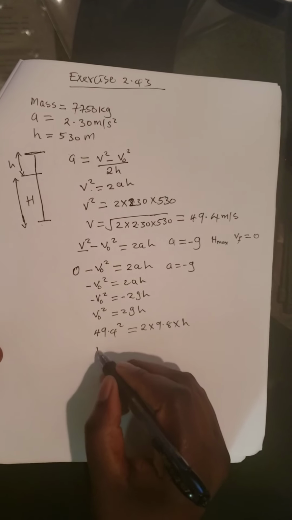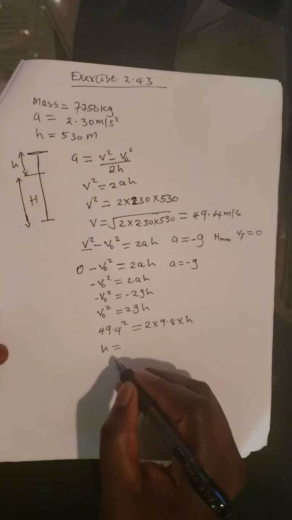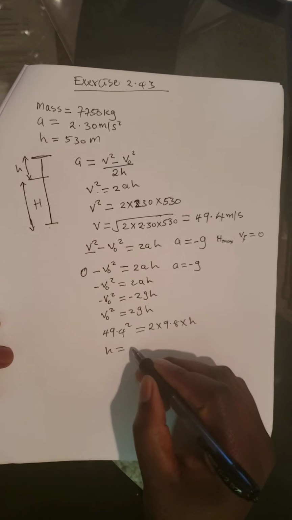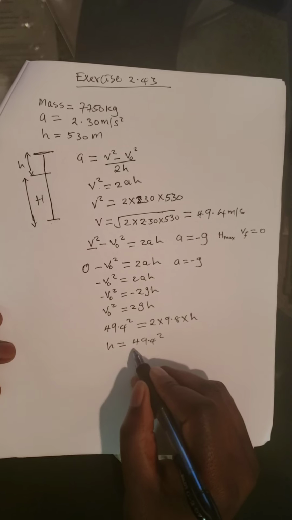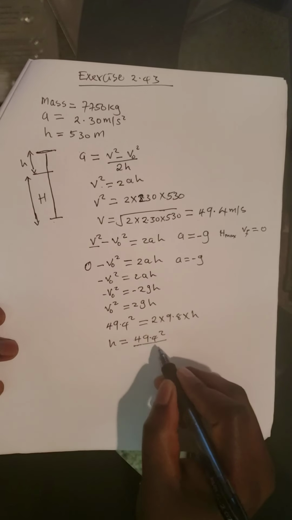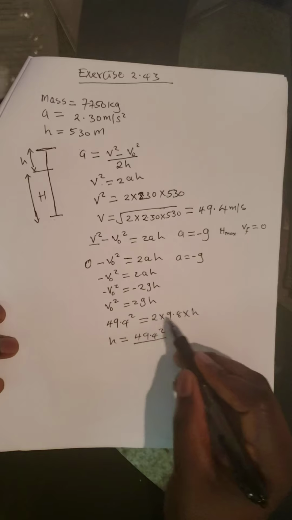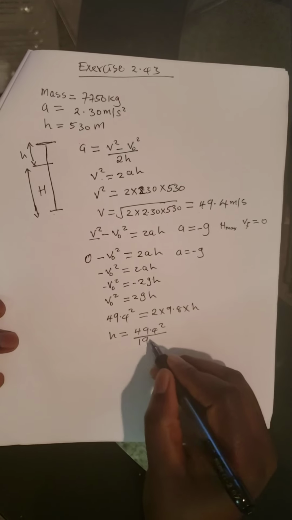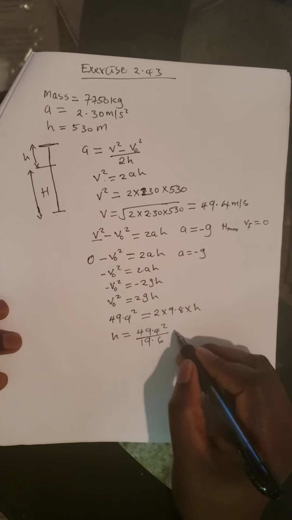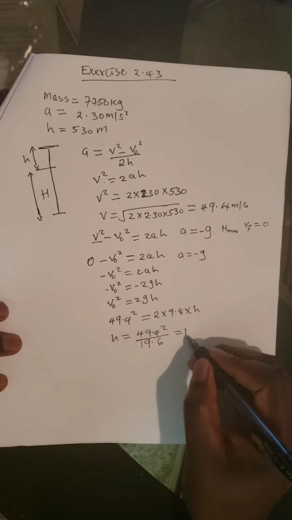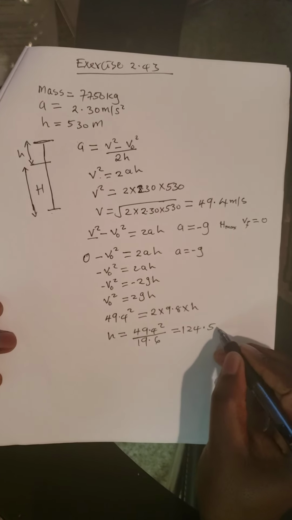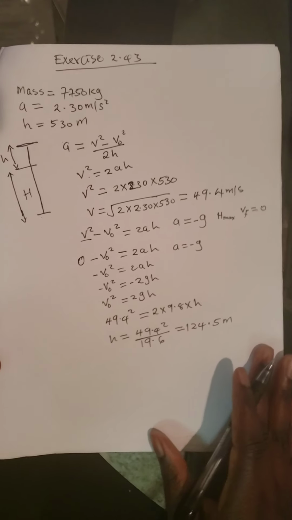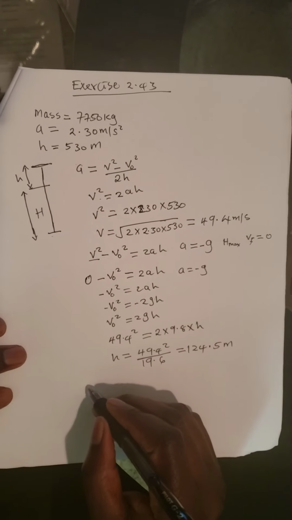So h is going to be 49.4 squared divided by 2 times 9.8, which is 19.6, of course giving h to be 124.5 meters.